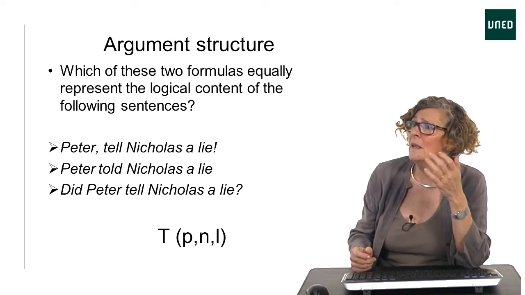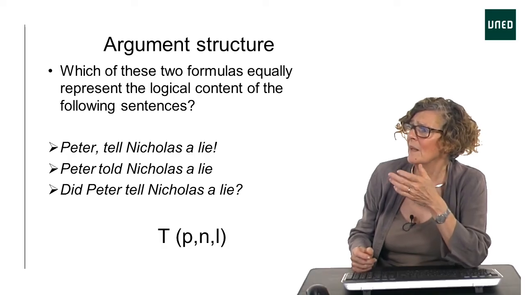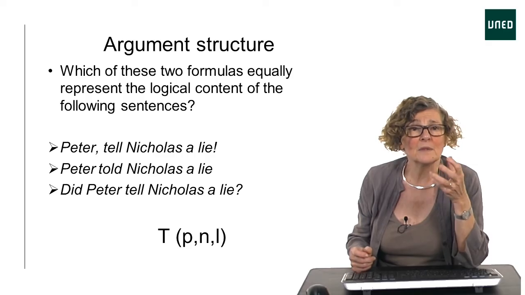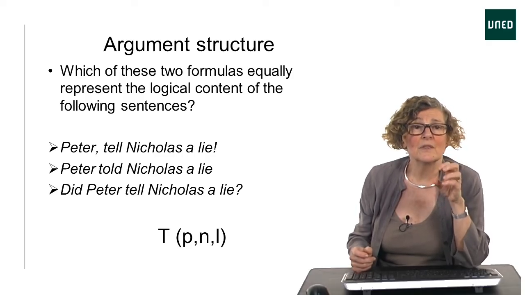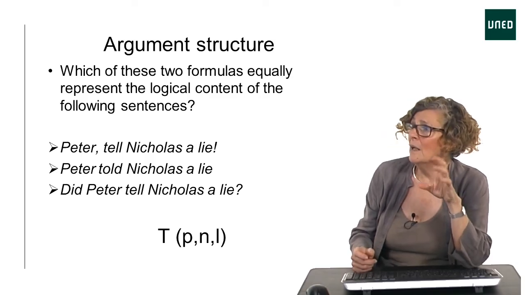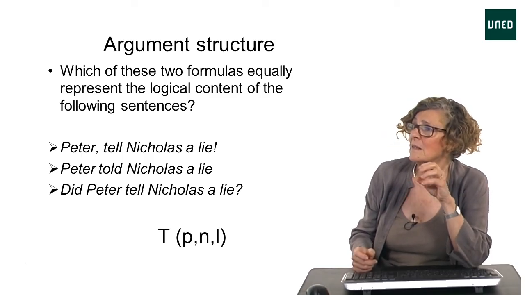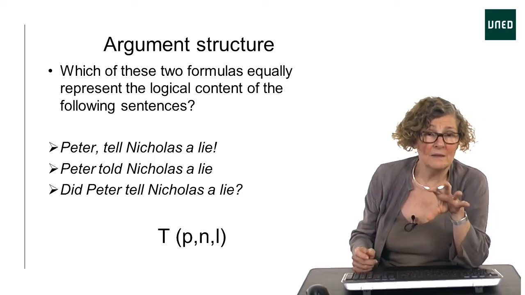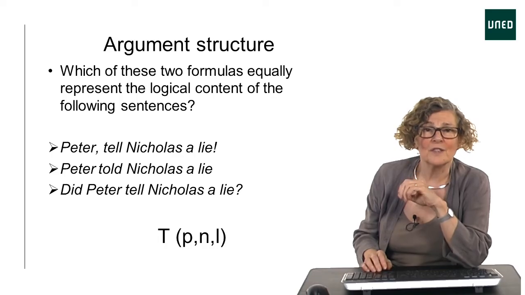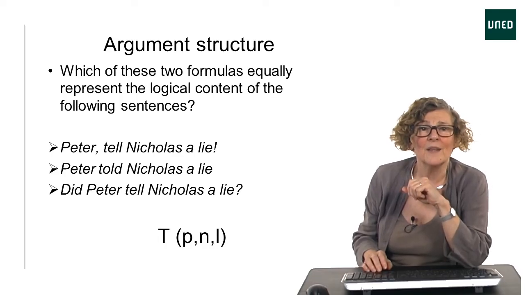Peter told Nicholas a lie. Did Peter tell Nicholas a lie? And then tell is represented by a capital T, and the components or the arguments of this structure are Peter, Nicholas, and lie. Here I didn't forget to write the lie, because it's an important entity in the whole thing.